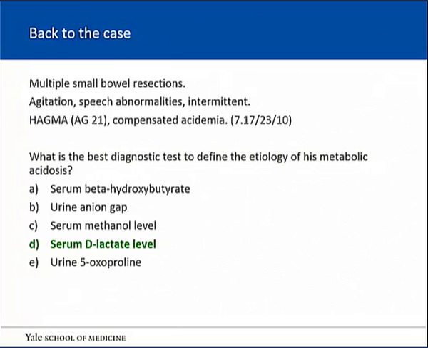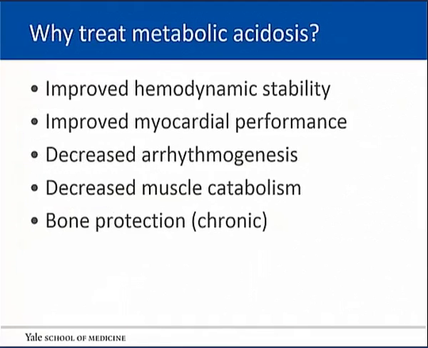So getting back to the case, patient with multiple small bowel resections, agitation, speech abnormalities. The presentation is often intermittent, has a high anion gap, metabolic acidosis, has compensated acidemia. The amount of compensation of his PCO2 is appropriate. So if you check a serum D-lactate level, you would confirm that that's what the patient has.